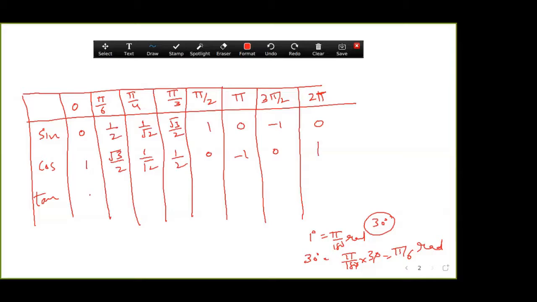And in tangent, 0, 1 upon root 3, 1, root 3, not defined, 0, not defined, and 0.